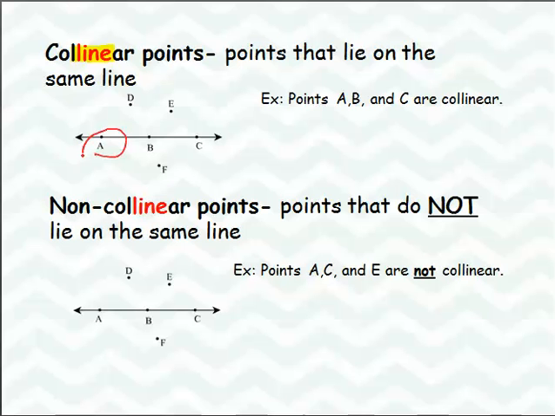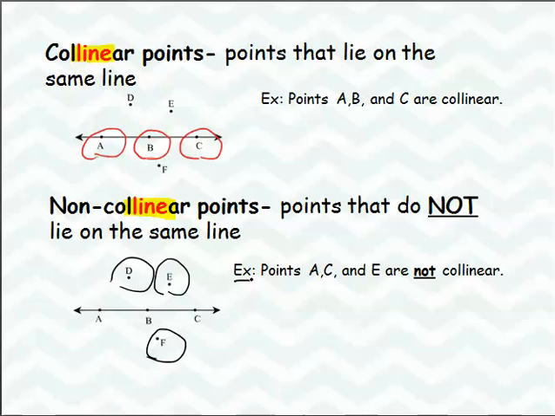Well, the ones that all land on that line: A, B, and C. Then we have something called non-collinear. Those are points that don't land on a line, like point D, E, and F. Those are not on line A, B, C.